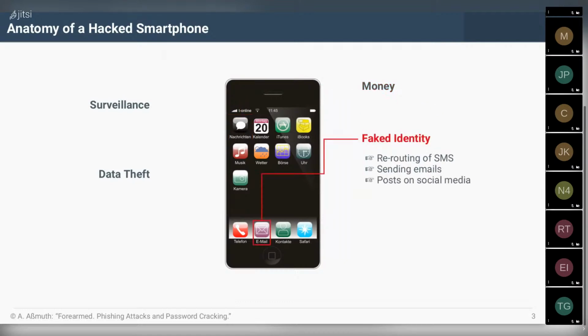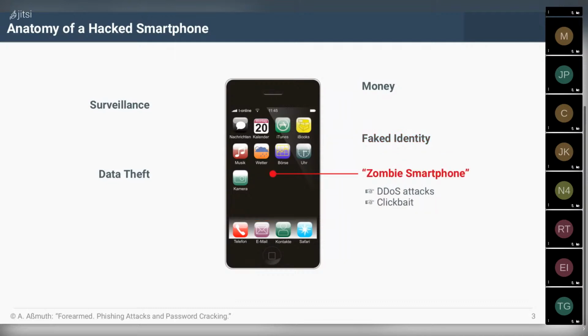And of course, if an attacker has gained access to your phone and is able to impersonate you, he can use this faked identity to send emails that are obviously not from yourself, but claim to be from you, or post stuff on social media that should originate from you, but of course is not from you directly.